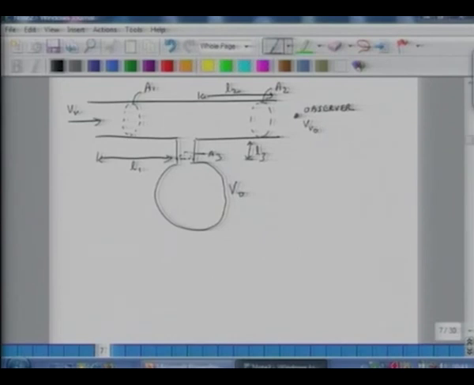Okay. So this combination of volume and this small tube on top of this circle is your resonator, right? So the question is, find Vvo over Vv.